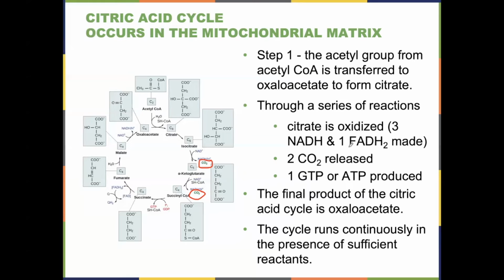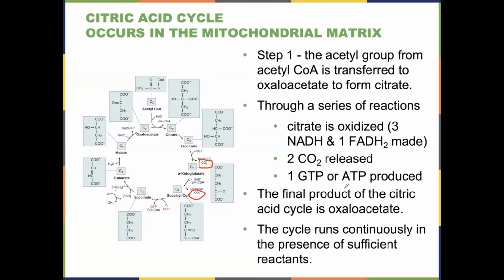The second question, remember, is what happens to the energy in this process? Well, just like we saw with glycolysis and the oxidation of pyruvate, we actually fill up more of our electron carrier buckets here. So we've got some enzymes that are going to produce NADH and actually some that produce FADH2. So this is where we see that second electron carrier come in. In addition to that, we also have a little bit of substrate level phosphorylation going on.